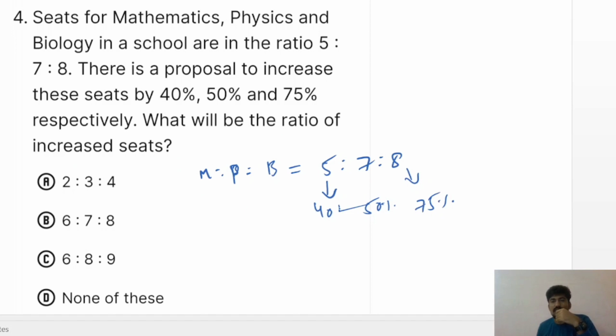Here 10% of 5 will be 0.5. 40% means 0.5 into 4, means 2.